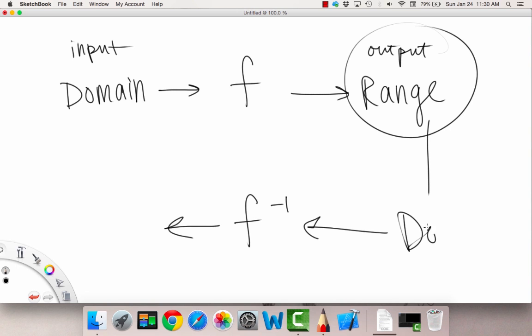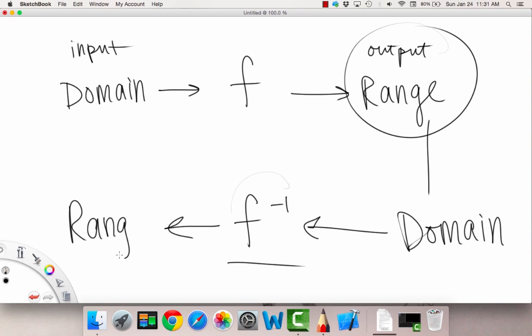So the range of f, the circled thing, is technically the domain of f inverse, because whatever we get as our output of f becomes the input of f inverse. Likewise, whatever comes out of f inverse is the range of f inverse, but that range is also equal to the domain of our original. It's a circular thing.